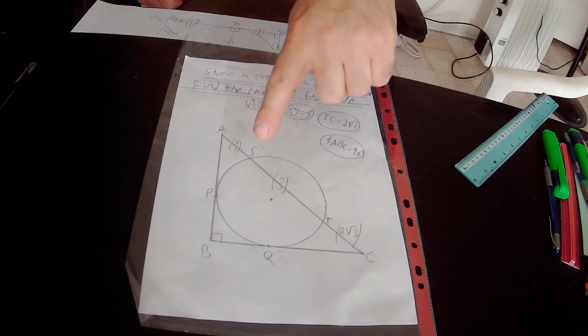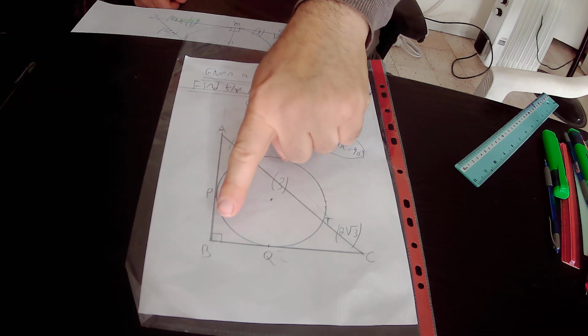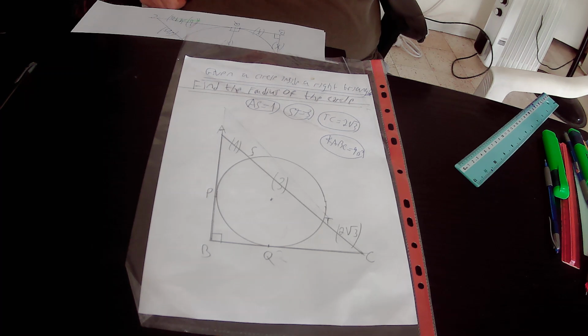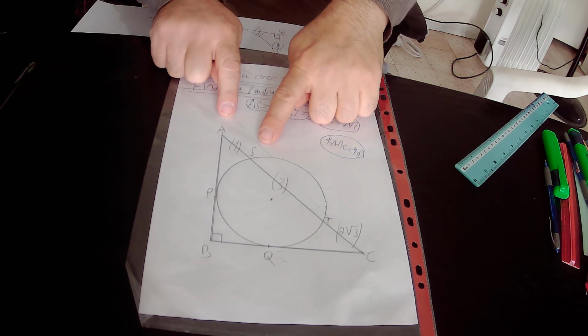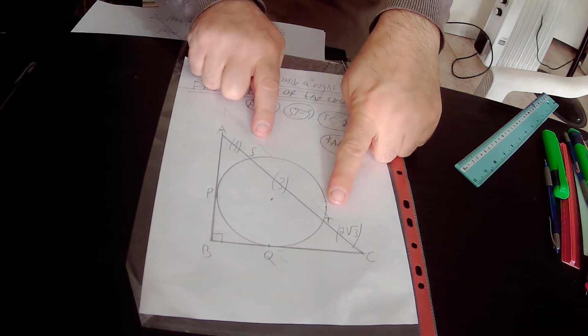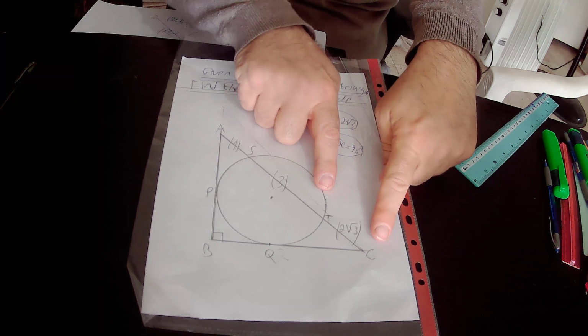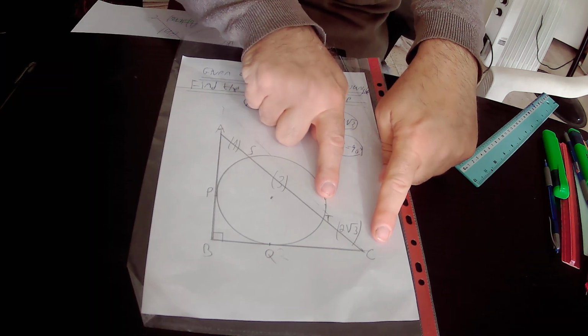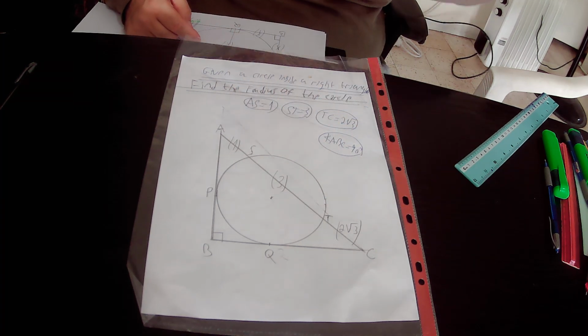Inside this right triangle ABC we have this circle. In addition we know that this is angle ABC, that is the right angle. This is line segment AS, equal to 1 unit in length. This is line segment ST, equal to 3 units. And finally this is line segment TC, equal to 2 times root of 3 units in length. And repeat again that our mission is to find the radius of this circle.